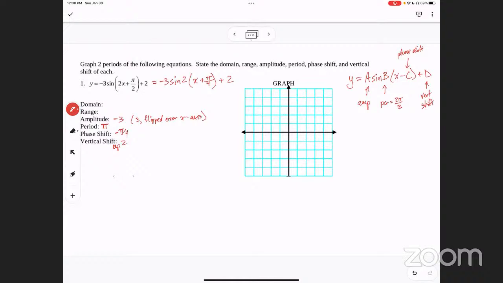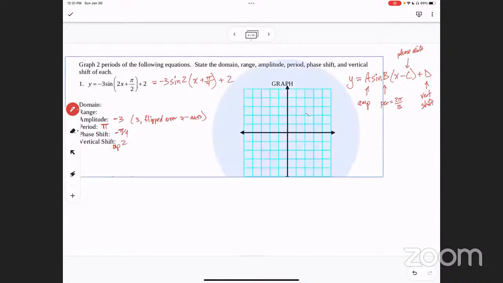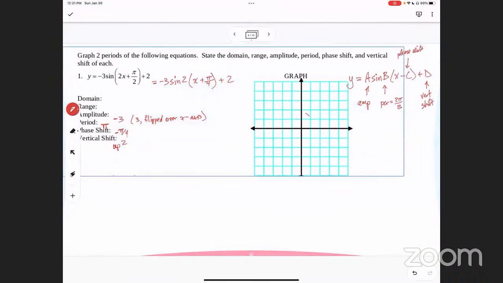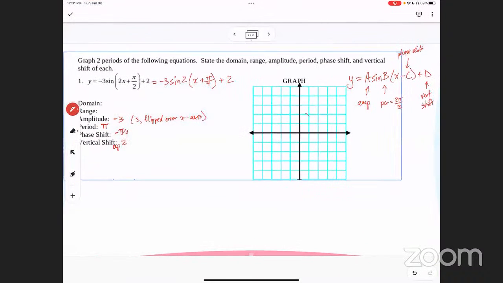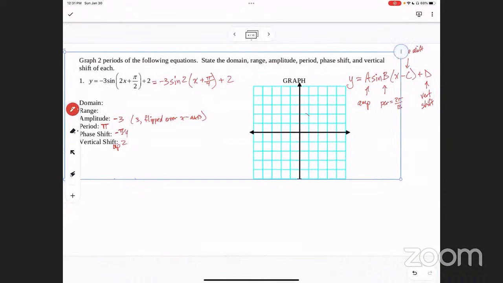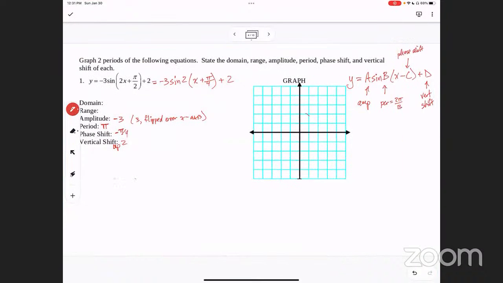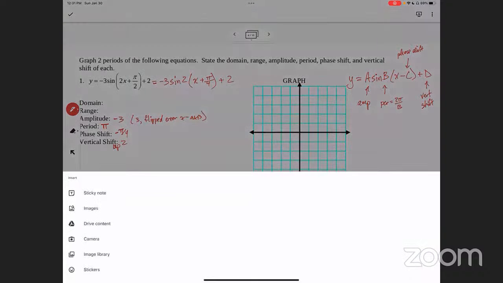I don't know if I like this graph paper. Did this come with the problem? It did. That's not enough paper. That's not enough points for me. So let me insert a piece of paper that's a little bit better.